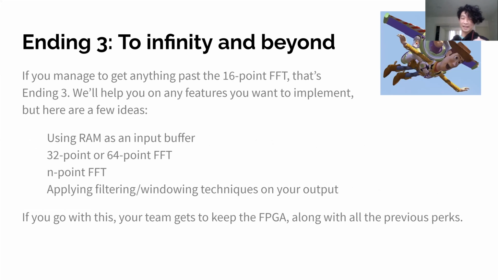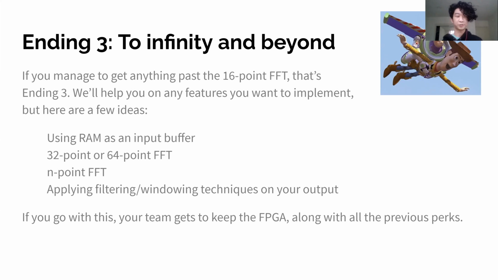All right, next, ending 3. If you do anything past the 16-point FFT, then you're pretty cool. That's pretty rad. And here are some ideas of how you can improve your projects after the 16-point FFT. You can use the RAM that we had in, I think, lab 5 or lab 6 as an input buffer, so we're not just going directly from the mic to the FFT. We're using the RAM to store our data instead.